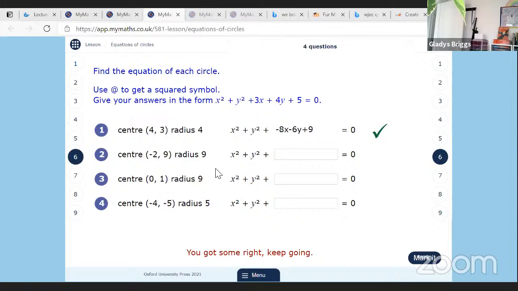Okay, let's see whether it will work this time.